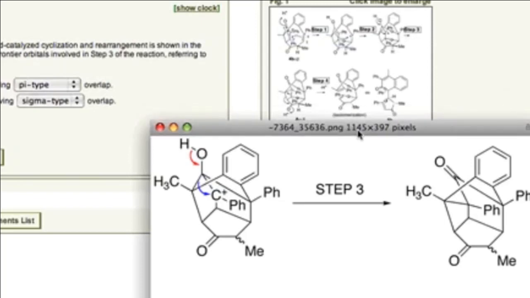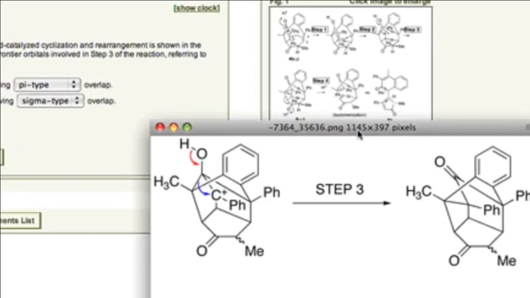But because of the systematic approach to this problem, the student is actually saving time by really thinking this through. And one more time, he is just imagining the orbitals interact, and that's what we want. That's what we want, and it was really awesome to see that.